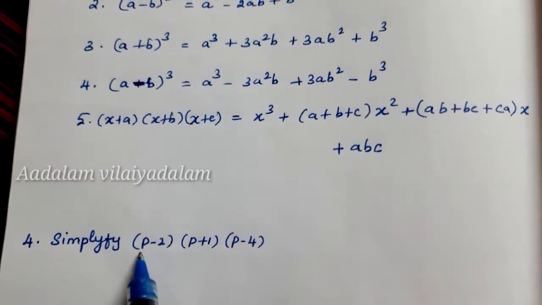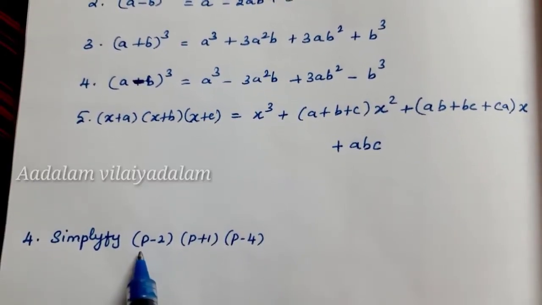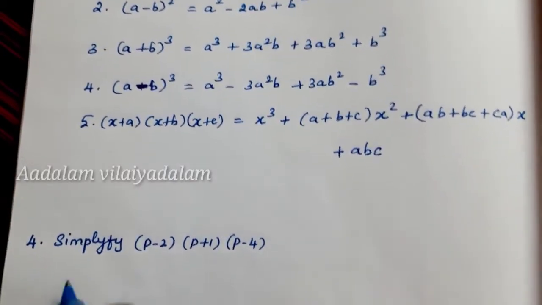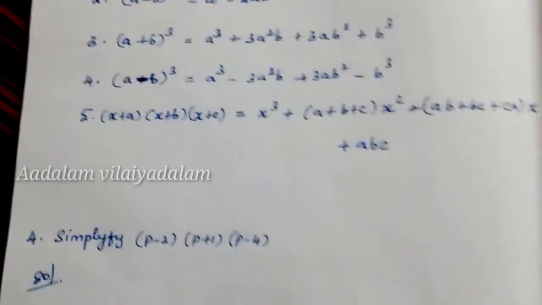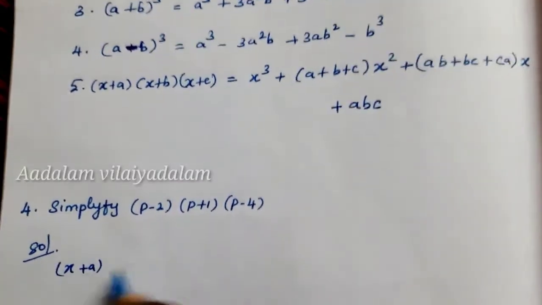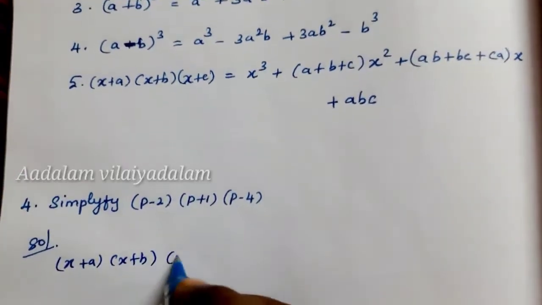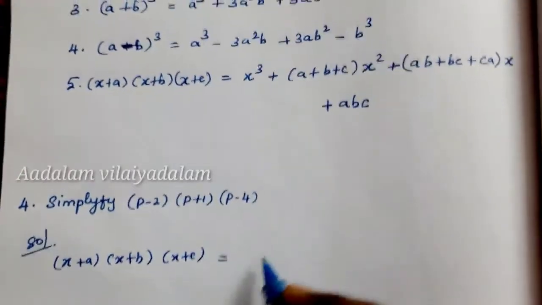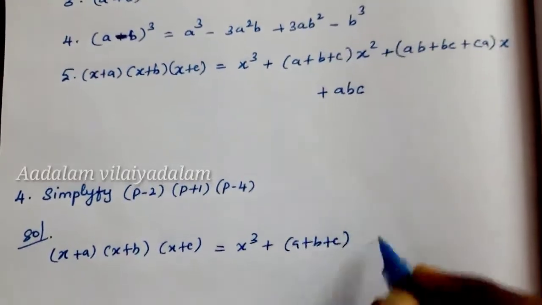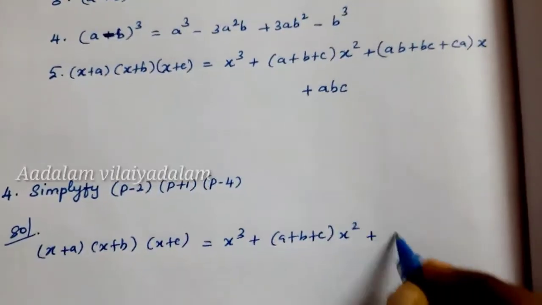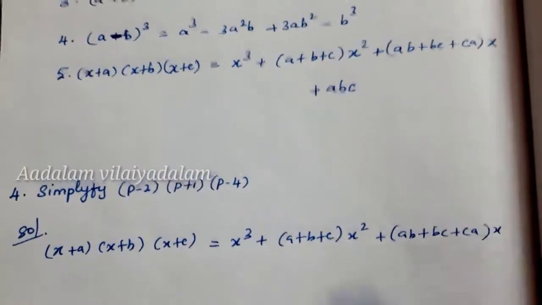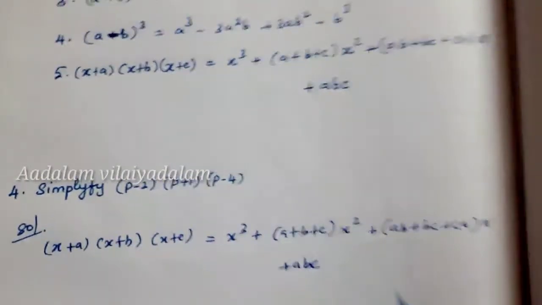The first terms are the same. That is (p − 2)(p + 1)(p − 4). So the suitable formula for this problem, we can write it again: (x + a)(x + b)(x + c) equals x cube plus (a + b + c) into x square plus (ab + bc + ca) into x plus abc.